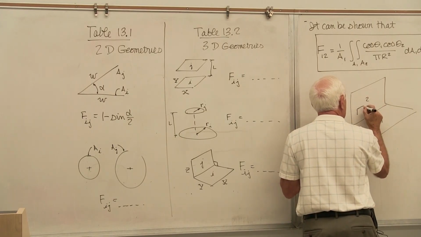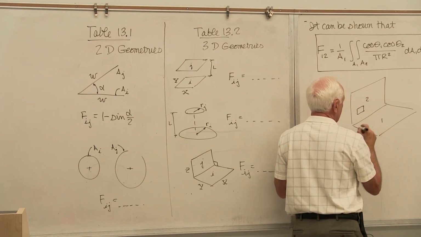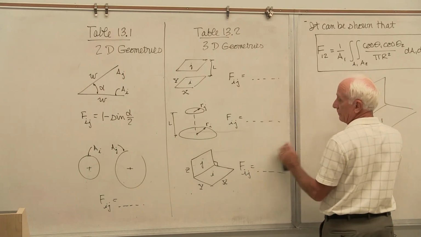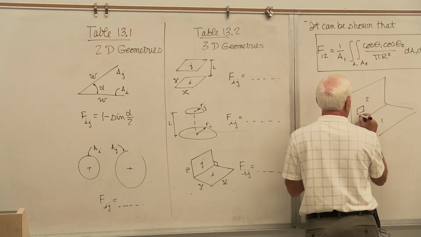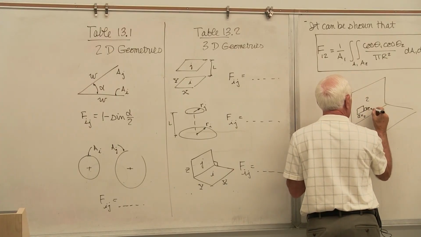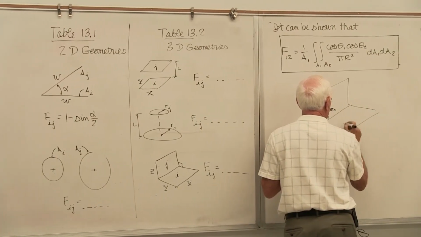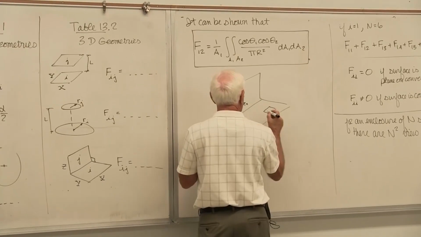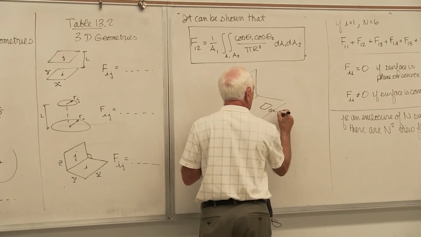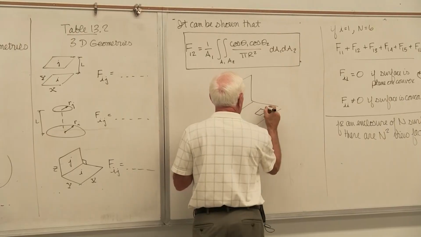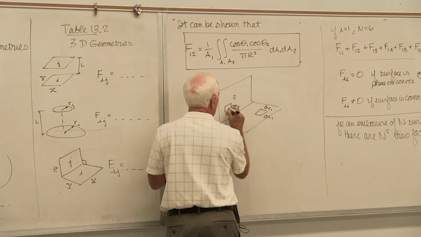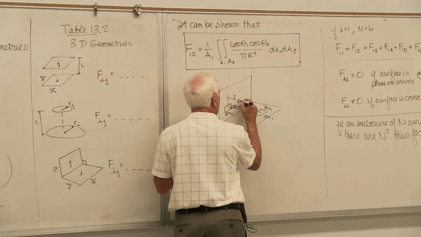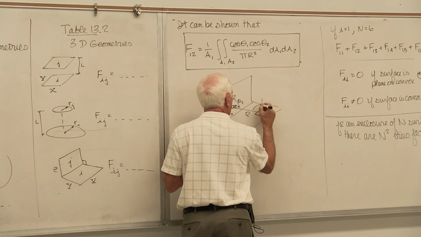Here's a little differential area 2. This is x2, and we call that z. This is dx2, dz2. And over here, here's a small differential area on surface 1: dx1, and this dimension is y, dy1. Here is r, and there is the angle theta 2, and there is the angle theta 1.